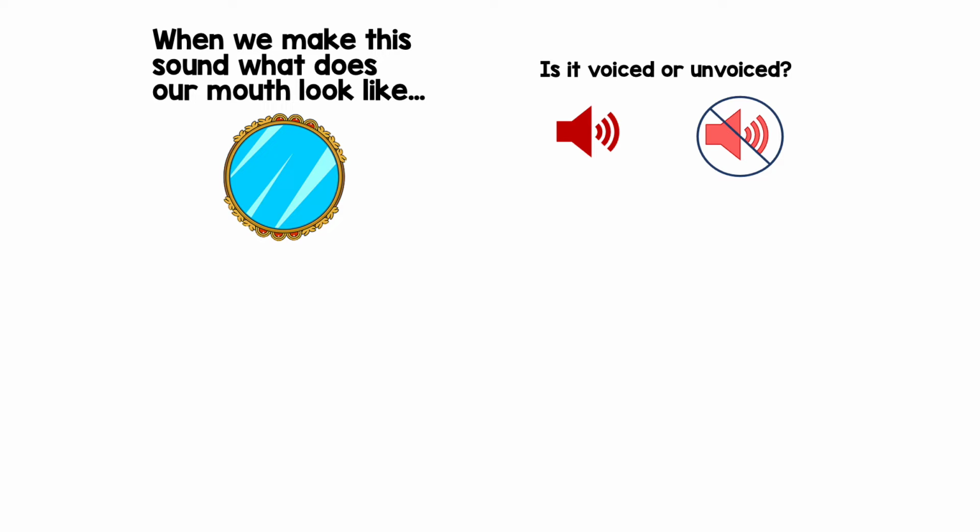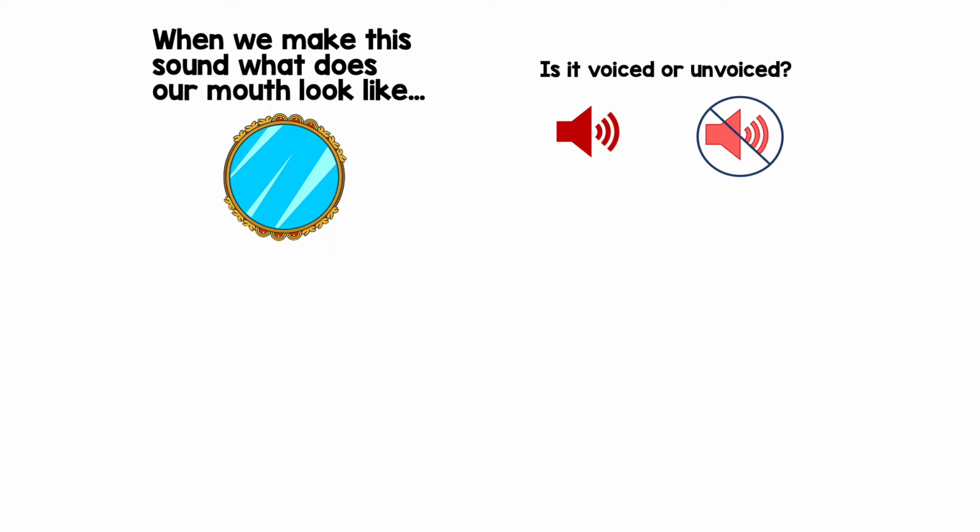Grab a mirror to look in as you practice making the /t/ sound. To make the /t/ sound, put the tip of your tongue on the roof of your mouth and flick your tongue forward and push out a little air. If you put your hand in front of your mouth, you should feel a quick puff of air.